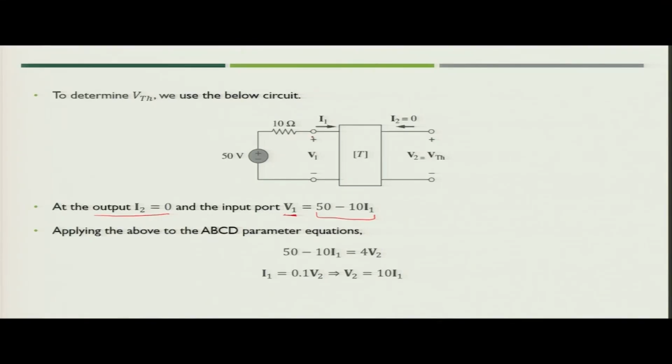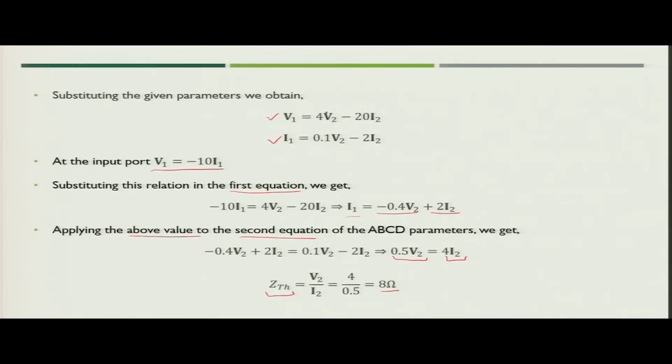So, if you see the value of V1, that is 50 minus the current flowing, if current is flowing in this direction, this will become 50 minus 10 I1. Now, we apply this to the ABCD parameter equations. What can we write? We can write 50 minus 10 I1 equal to 4 V2, because V1 is equal to 4 V2 and we set I2 equal to 0.